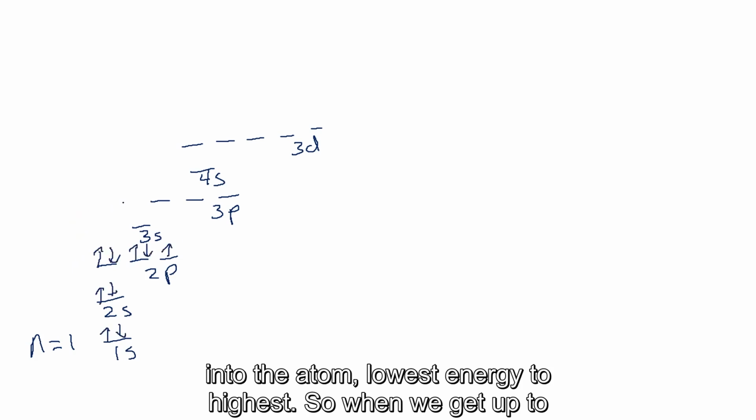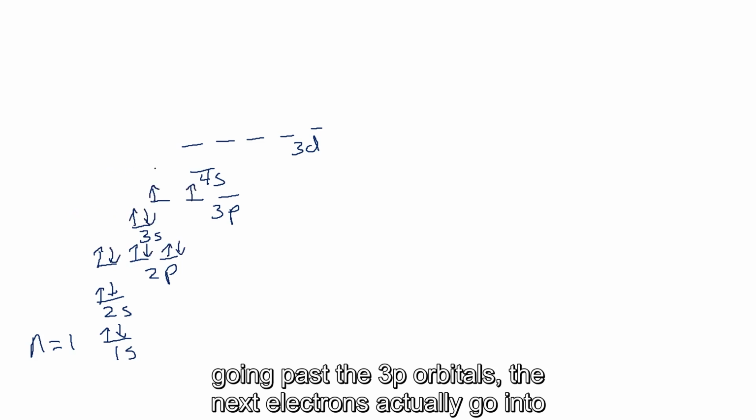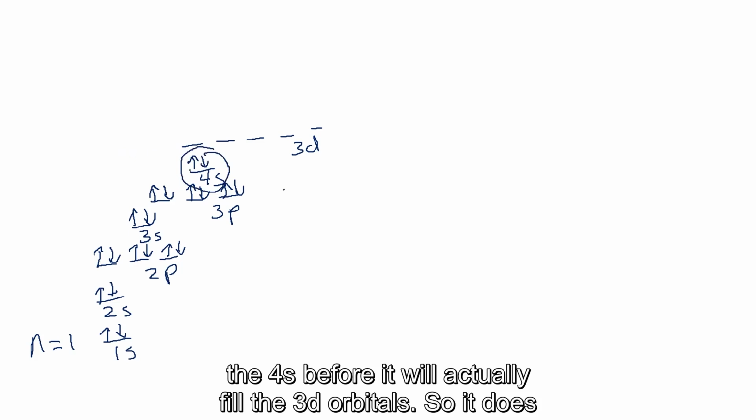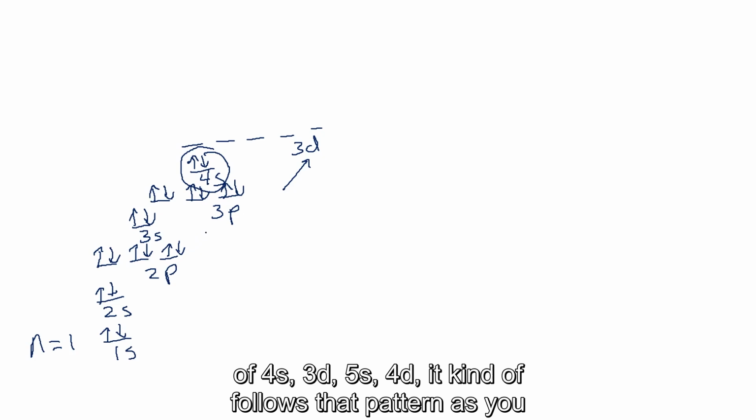So when we get up to going past the 3p orbitals, the next electrons actually go into the 4s before they will fill the 3d orbitals. So it does go that way. The s's come before the d's. Once you get past 4s, 3d, 5s, 4d, it follows that pattern as you continue on.